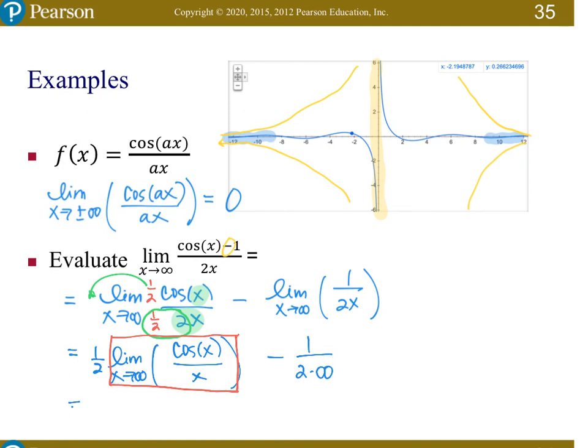So I'll have 1/2 times 0 minus, and then in this term we have 1 over 2 times infinity, which is 1 divided by the largest number, which means I get the smallest number, so I get 0 plus. So I end up with 0 minus 0 plus, which puts me on the 0 minus side of 0.